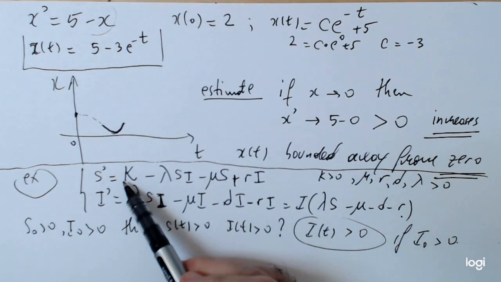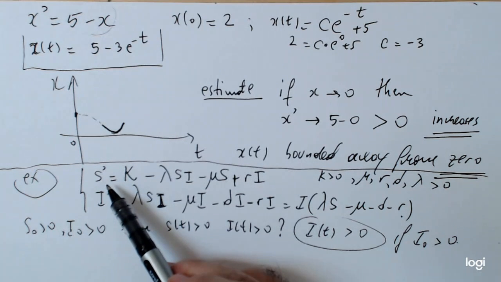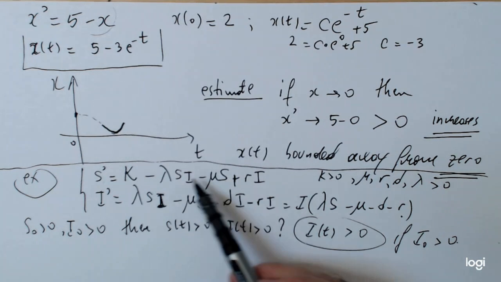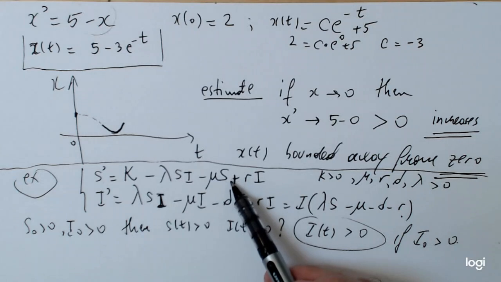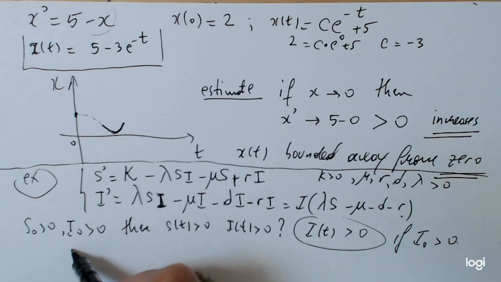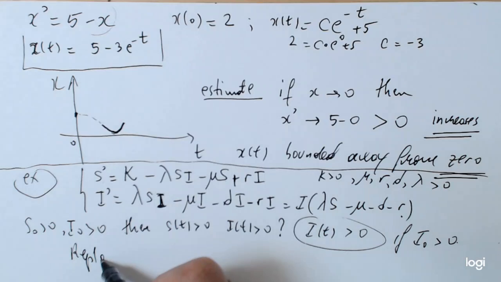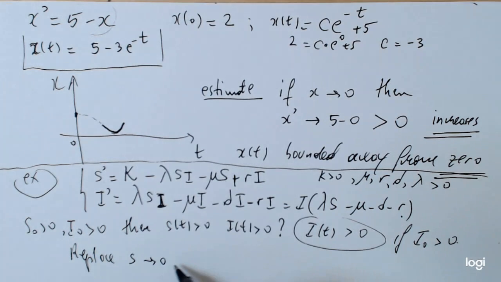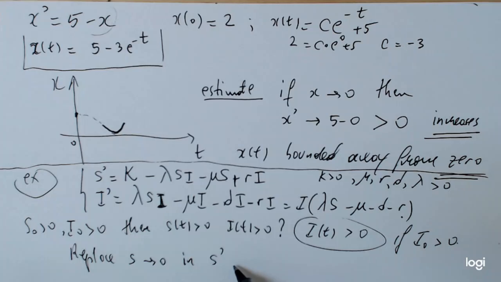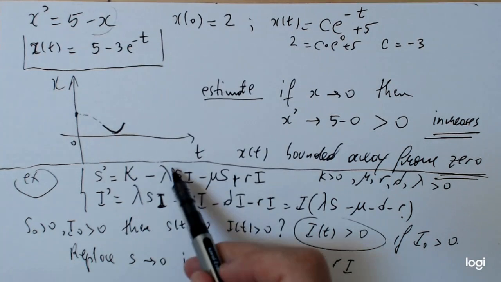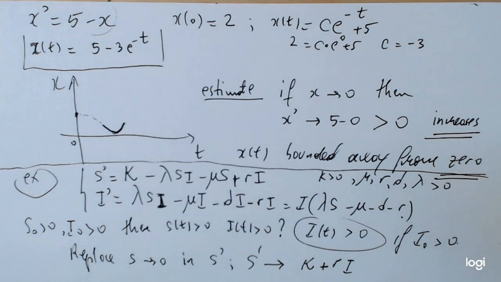Now I can look at S prime, and we say, well, we cannot pull out S, but what happens if S ever comes close to 0? Replace S with 0 in S prime. So S prime, if S is close to 0, becomes close to K plus R I. All of the other terms can be neglected, right?